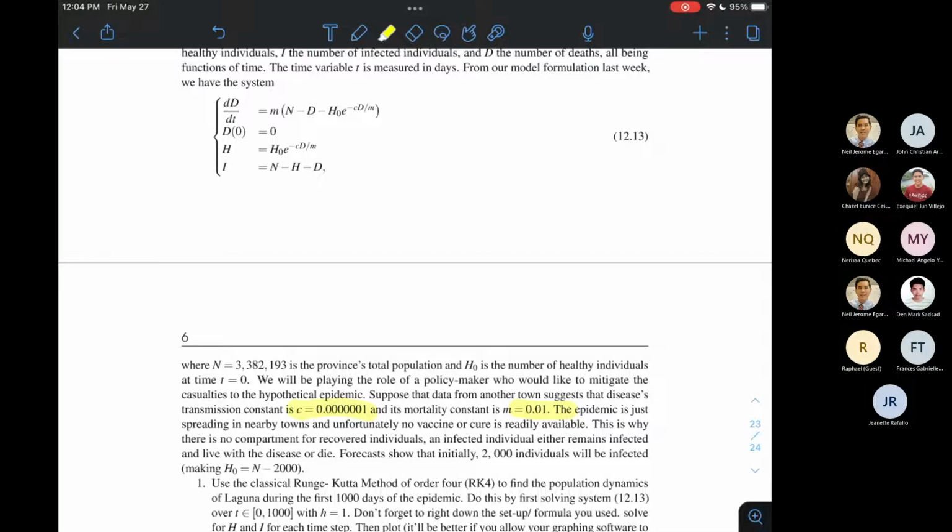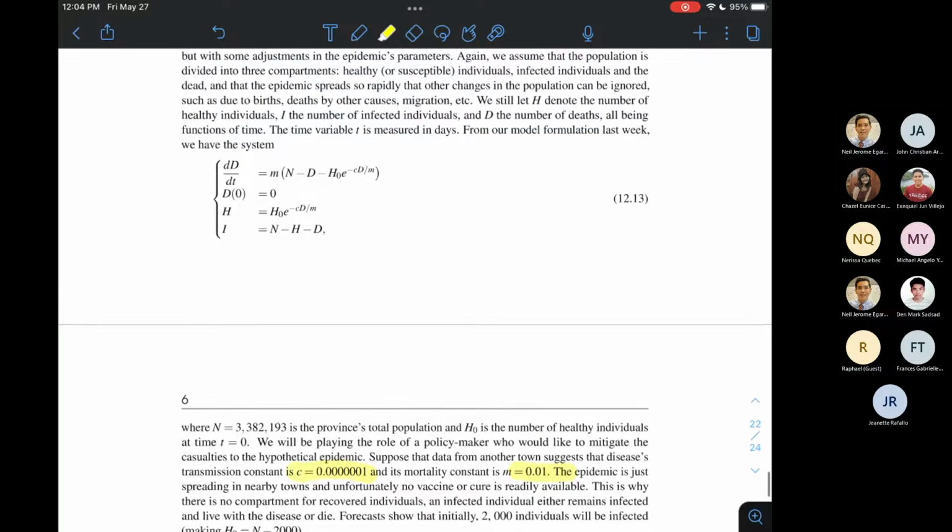Mag-pretend na lang tayo na medyo may bagong information na dumating sa atin mula dun sa ibang lugar. So here, para less morbid yung usapan, sabi ko, we'll be playing the role of a policymaker. Now we want to propose or to look at the effect of the epidemic in Laguna. Titingnan natin hypothetically ano yung mangyayari kung makakapasok sa Laguna yung disease.